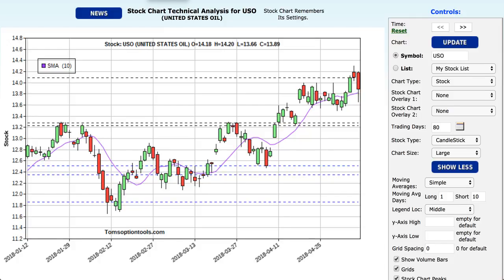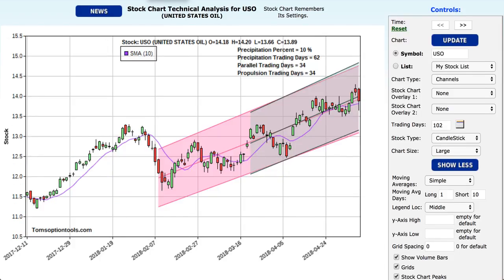Next chart. This is one you're probably more familiar with, and this is a trend channel chart, which shows us trend peaks as far as resistance and trend peaks for support. Now we've seen support and resistance running upward over the last few months, since around mid-February.